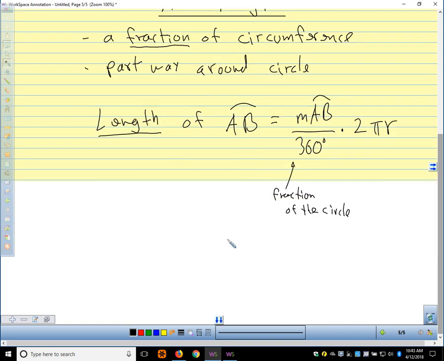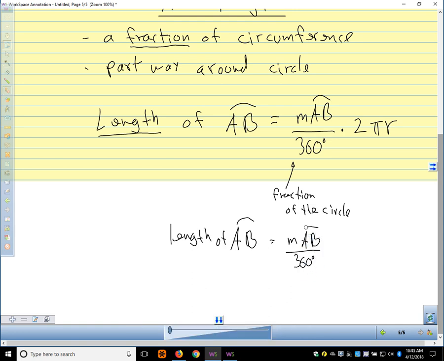And we could also say that the length of arc AB is the measure of arc AB over 360, that's our fraction of our circle that the arc takes up, times pi d.